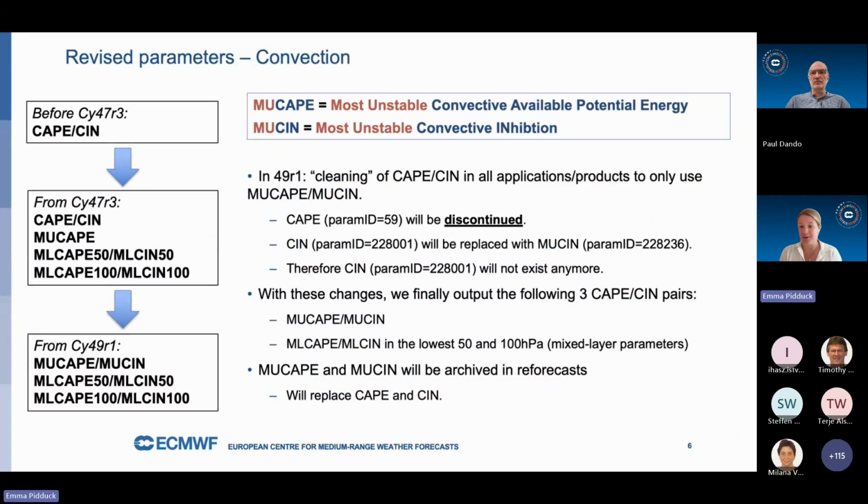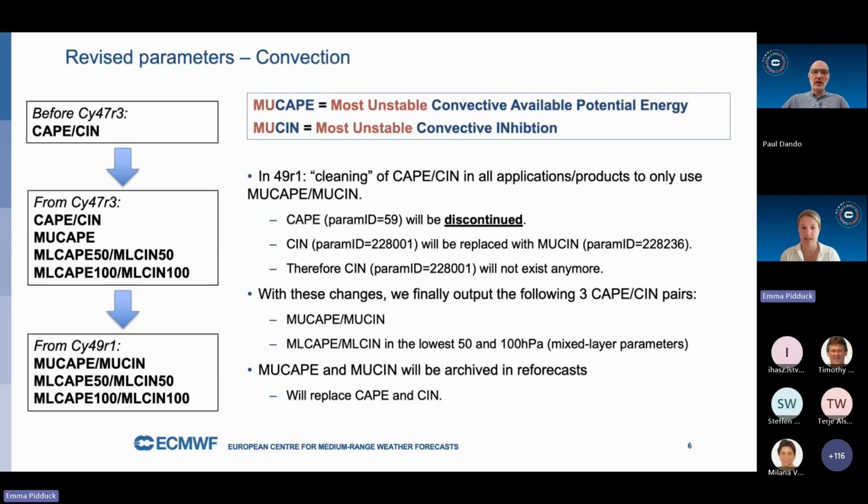So this is repetition of Mathieu and I think Andy's presentation. These are the revised parameters for convection. So before cycle 47R3, so a couple of years ago, we had the parameters CAPE and CIN, and these parameters had a parameter ID of 59 and 228001. And these were convective available potential energy and convective inhibition.